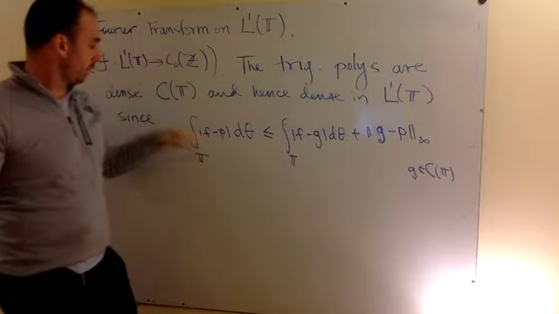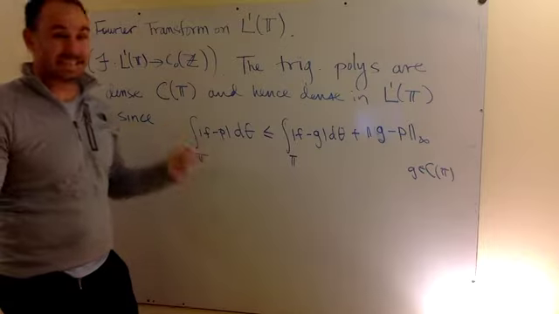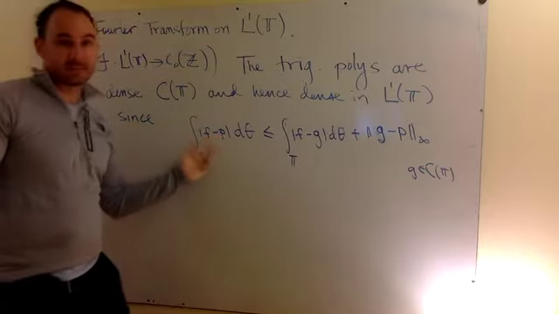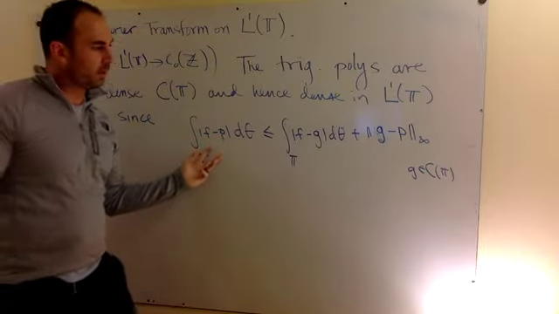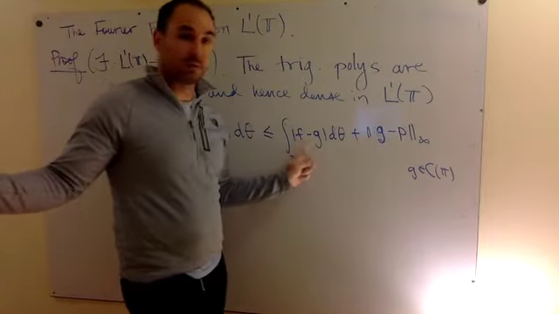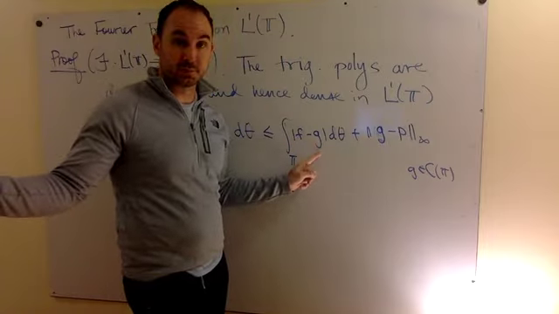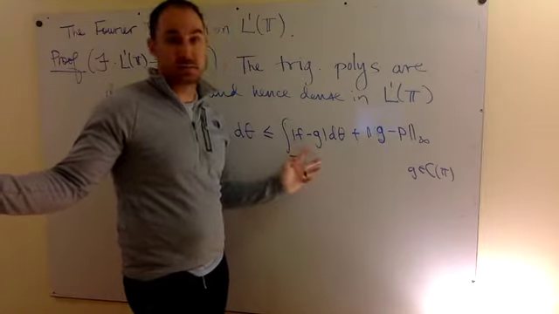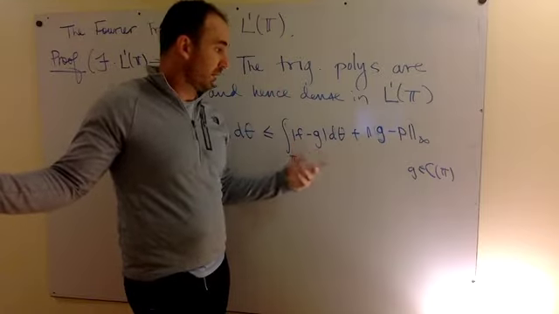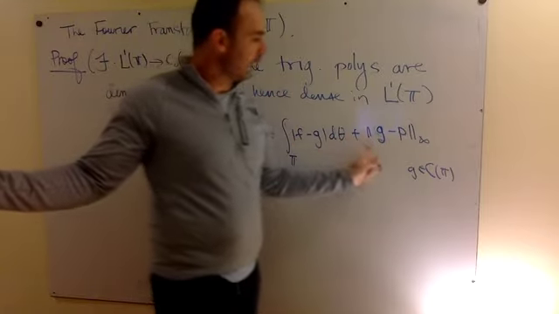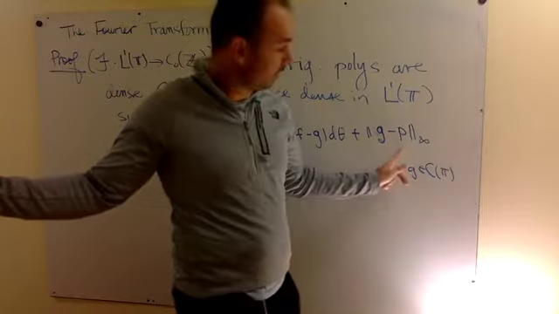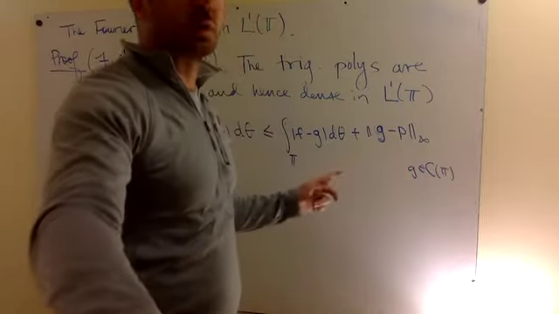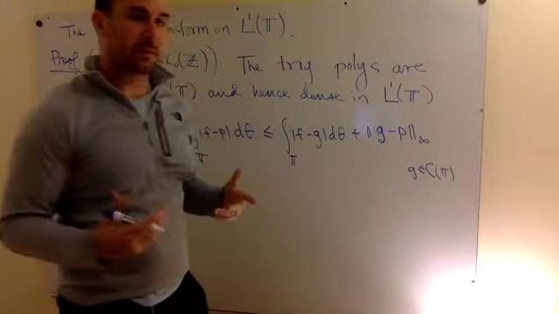But here's the idea. I want to show that the trig polys are dense in L1. So I want to make this thing small. Well, on one hand, I can get close to L1 functions with continuous functions. Okay, so this is as small as I want. And then on the other hand, I can get close to continuous functions in the L infinity norm with trig polys. This is the Stone-Weierstrass theorem.